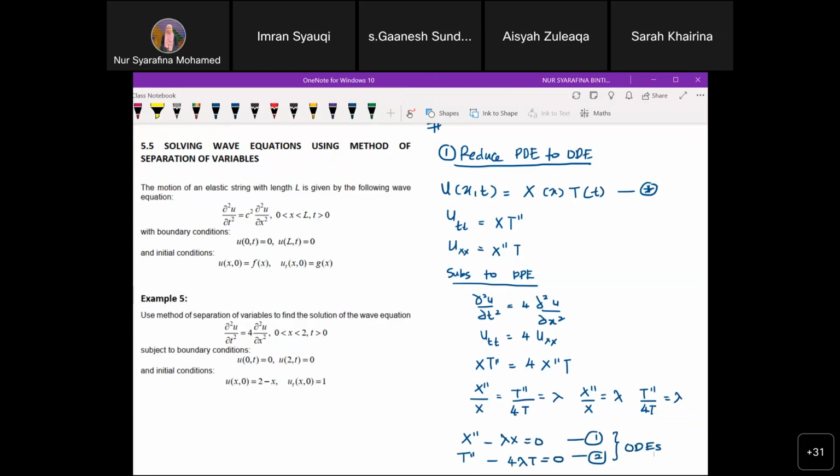All right, what is the boundary condition? Okay, second step. I'm not going to give everything here, so let's do this together. This is just the same process. What are the ODEs here? The boundary condition, so this one only.